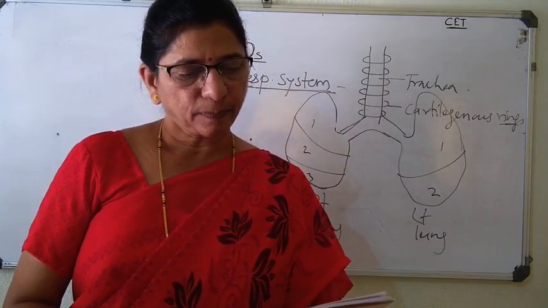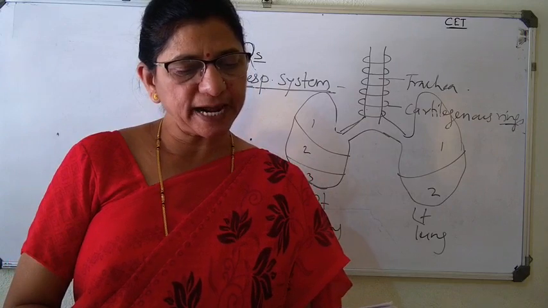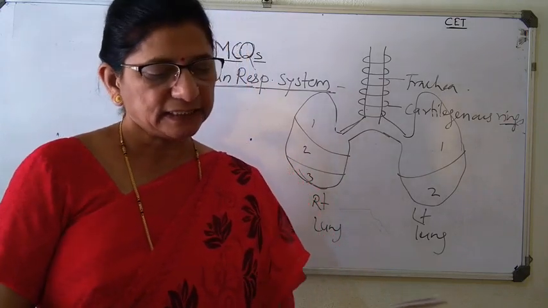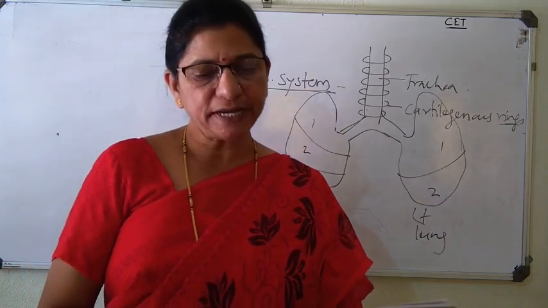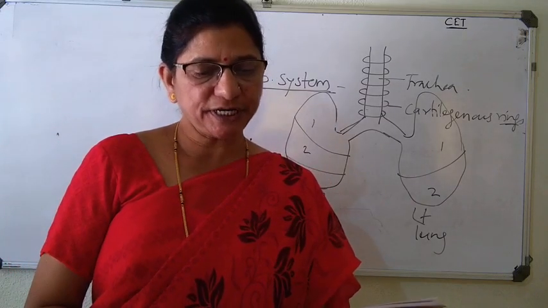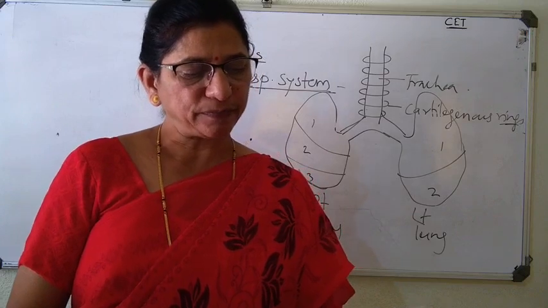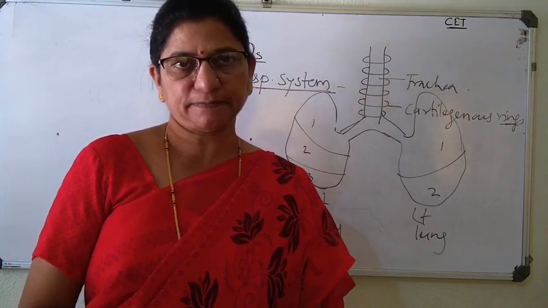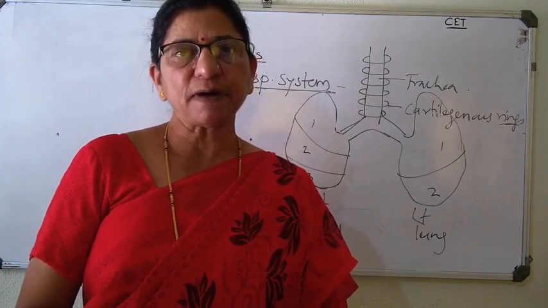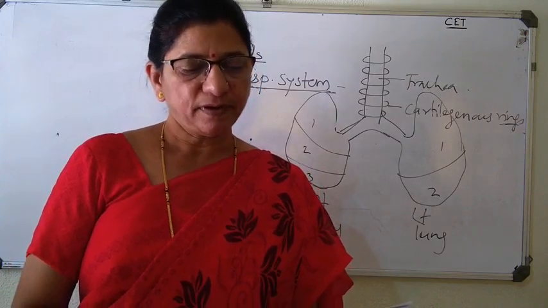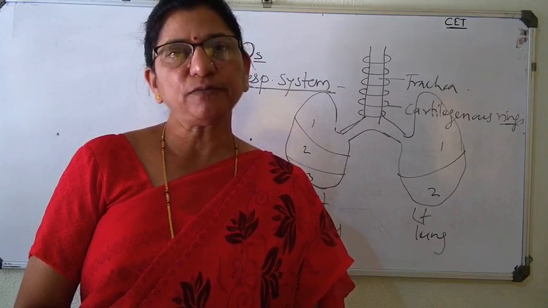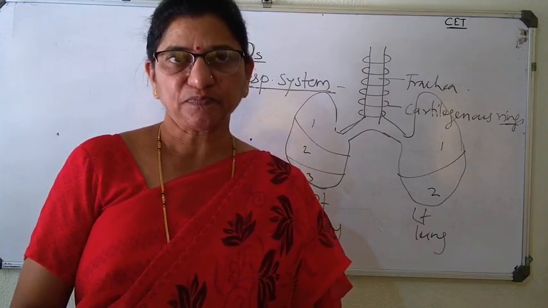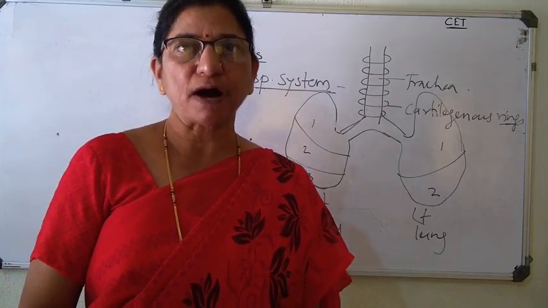Then, which one of the following has the smallest diameter? Ultimately at the end, the bronchioles, respiratory bronchioles, the tertiary respiratory bronchiole. The difference between trachea and fallopian tube is, trachea is a part of the respiratory system, whereas the fallopian tube is a part of the female reproductive system, which conducts the egg or ovum.